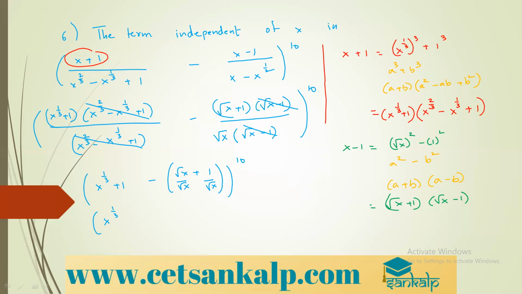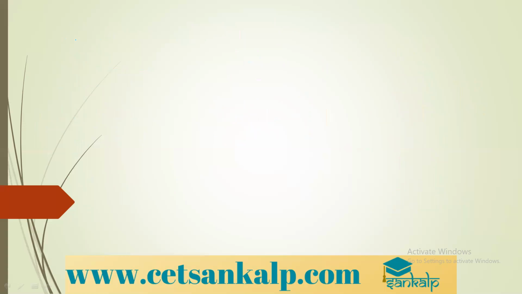So x power 1/3 plus 1 minus 1 minus x power minus half I will have. So these two will cancel. So finally, I am left with x power 1/3 minus x power minus half whole power 10.